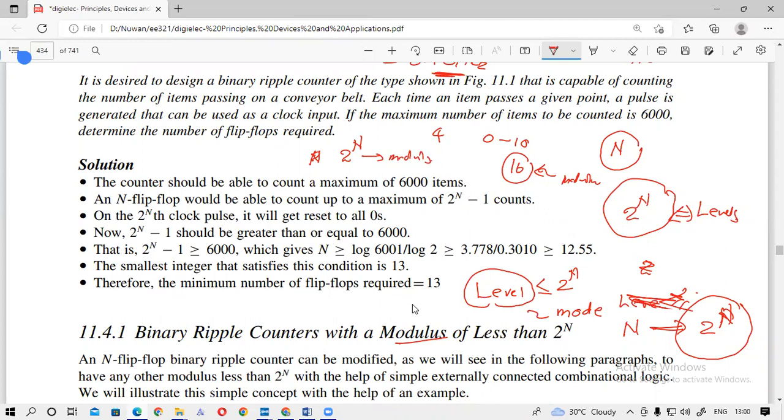If you want to get less than that modulus, there should be some modification to the original flip-flops. There can be some simple modification to these n ripple flip-flops. That can be achieved by simply adding a combinational logic circuit to the flip-flops, or you can have a different configuration of flip-flops.